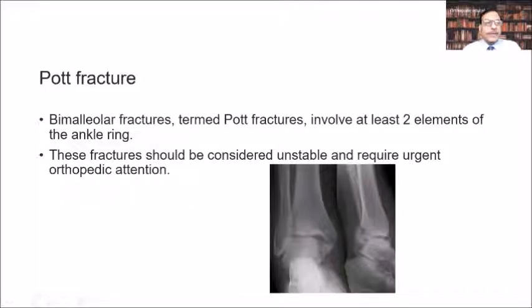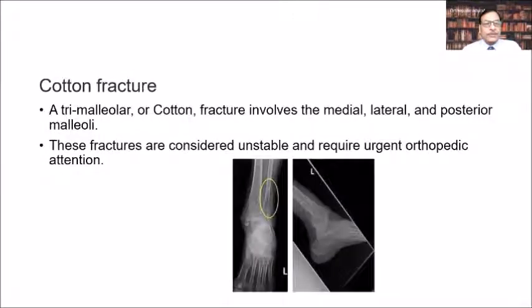Pott's fracture is also called bimalleolar fracture. It has got the name of Pott. When both malleoli are fractured, it is considered unstable and requires urgent orthopedic attention. There is also a name called Cotton fracture.